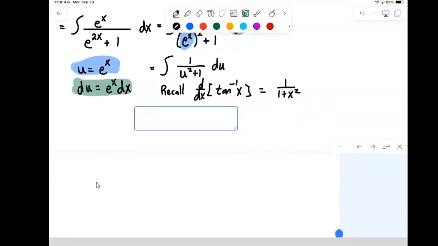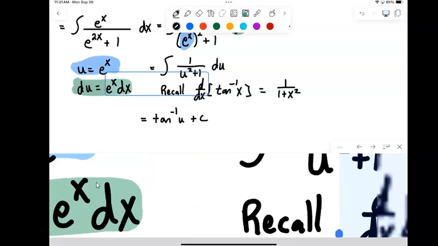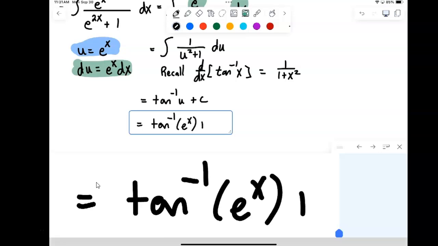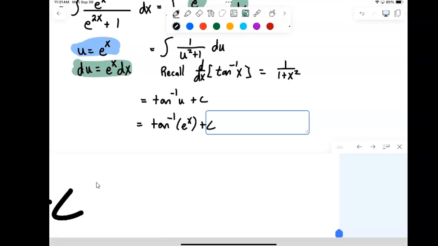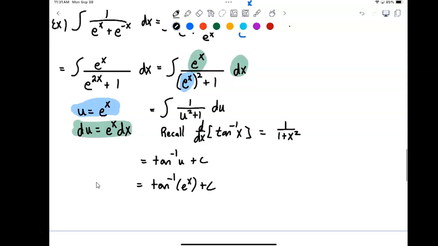And so we're able to then carry this through and say, hey, this will be the inverse tangent of u plus a constant, but u is equal to e to the x. So this will be the inverse tangent of e to the x plus a constant. Okay, so that is actually the answer for this problem here. It's actually the integral of this thing happens to be the inverse tangent of e to the x plus a constant.